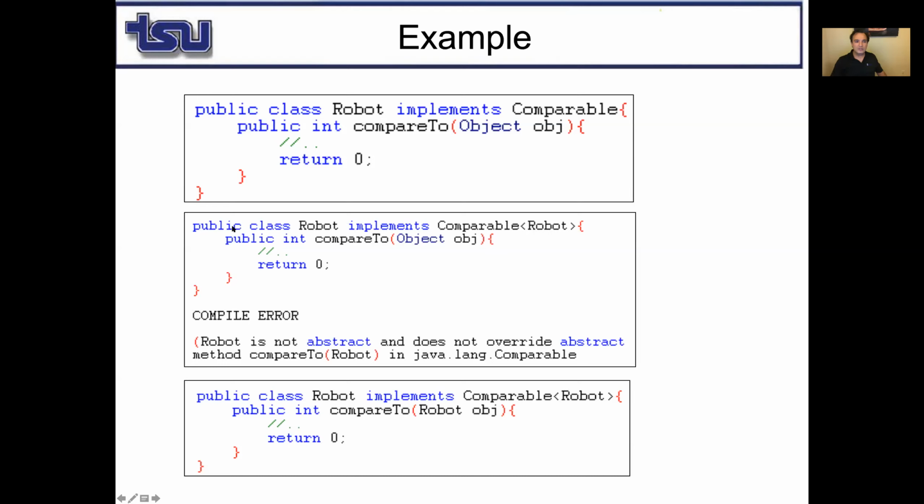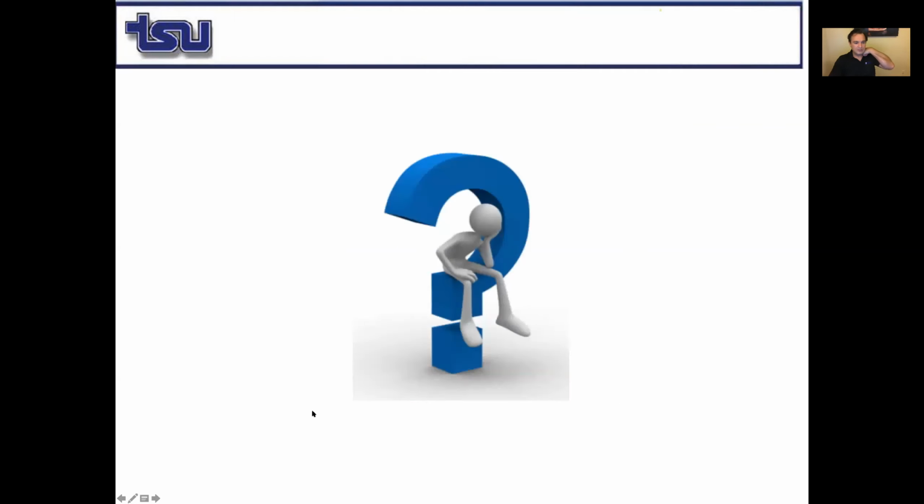So if I do this, public class Robot implements Comparable and then angle brackets Robot, that means this parameterized type is what? Robot. And if I say public int compareTo, that Object is supposed to be replaced with what? Robot. Otherwise you get an error.